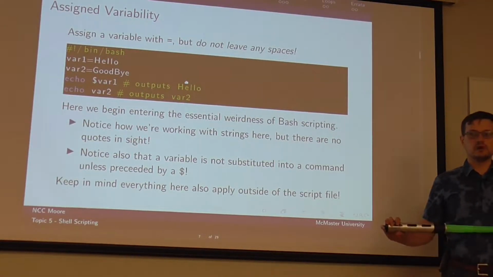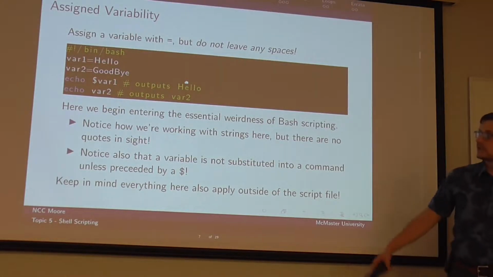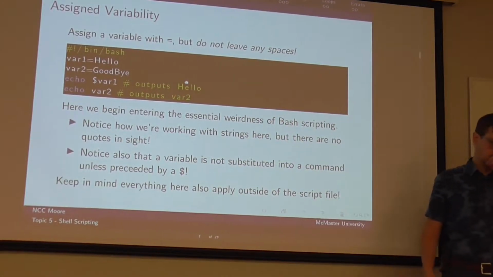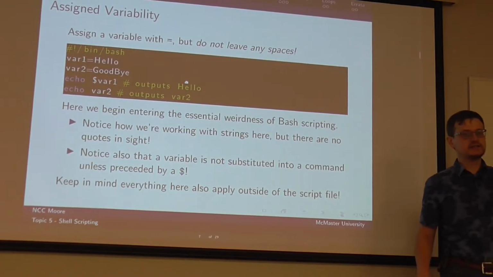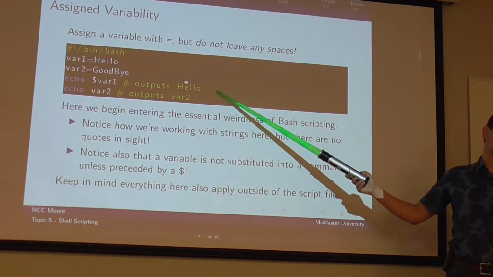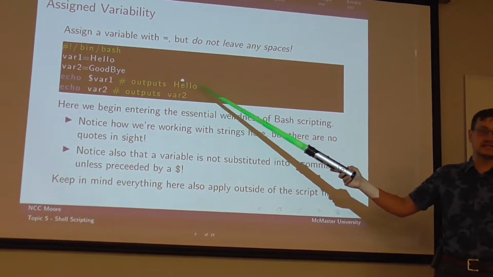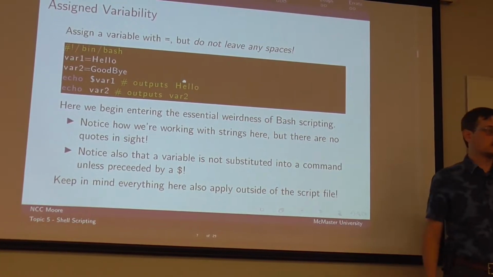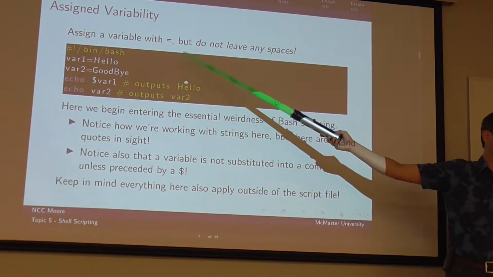I would just like to underline that bash scripting is not a programming language as we have conceptualized programming languages so far. This is not C code. If you try to compile this as C code, the C compiler will tell you you are being stupid because this is not C.